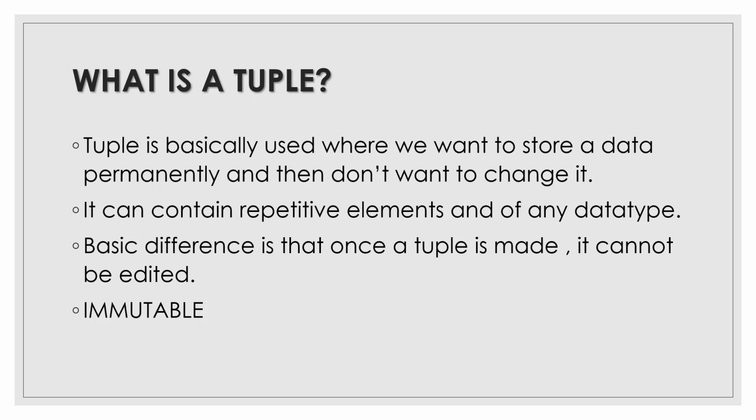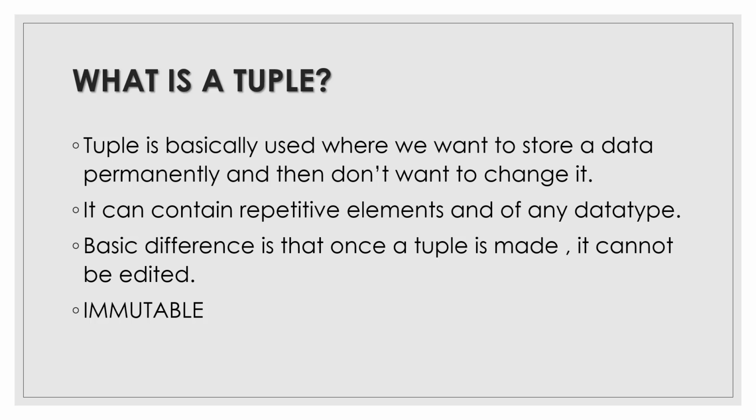That is, a list can be edited later on once it has been made, but a tuple cannot be edited later, right? Since it cannot be edited later, the basic functions like insert, append, remove, and pop, we cannot use them.